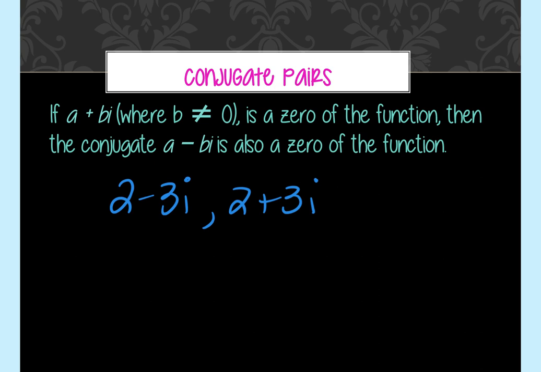If I had positive 3i, what other root do I know I also have to have? Negative 3i. Good. Any imaginary root of a function would also have its conjugate as a root. So they have to go in pairs.